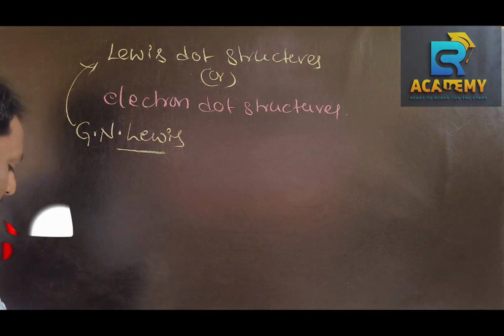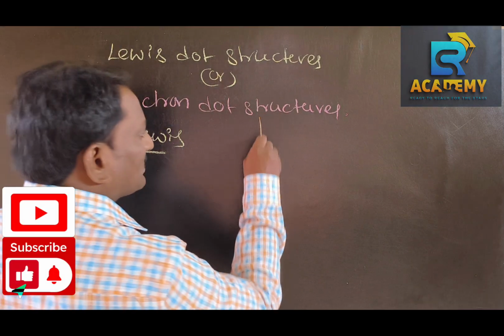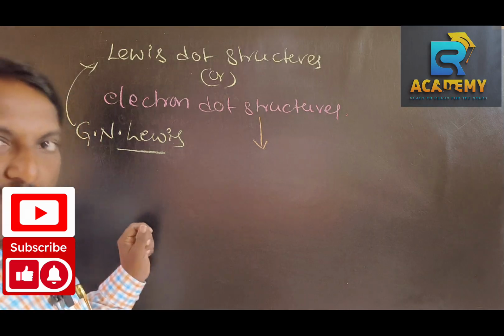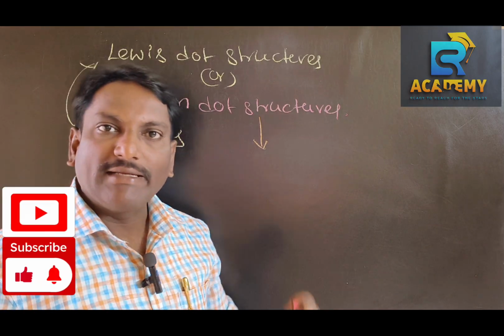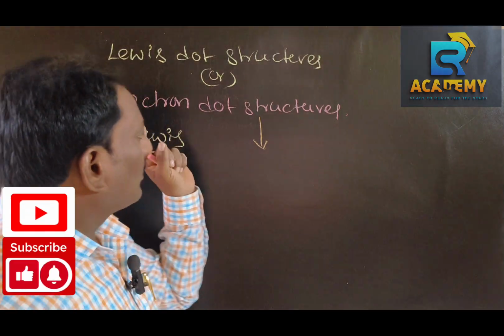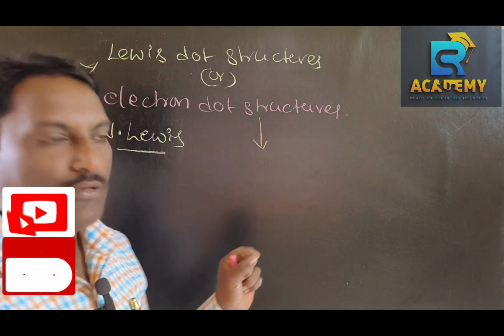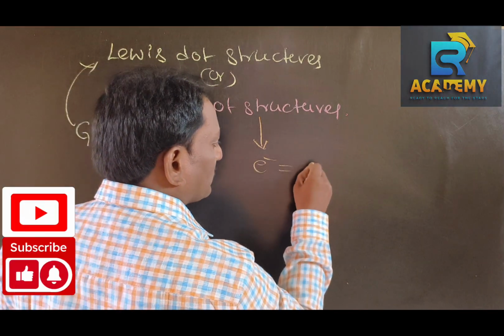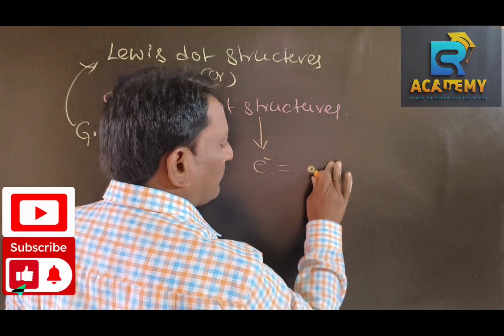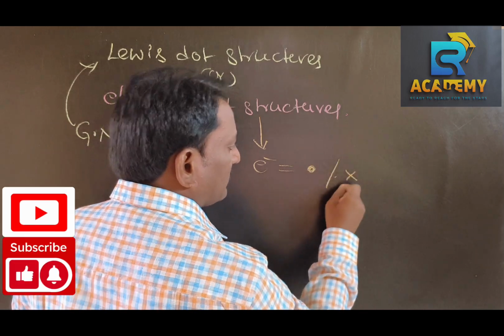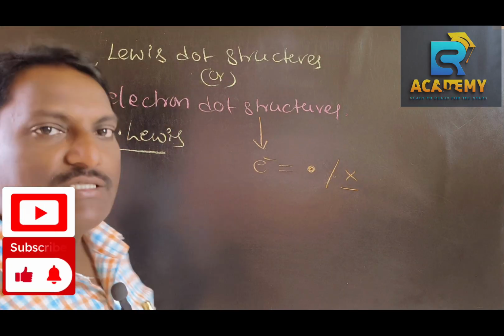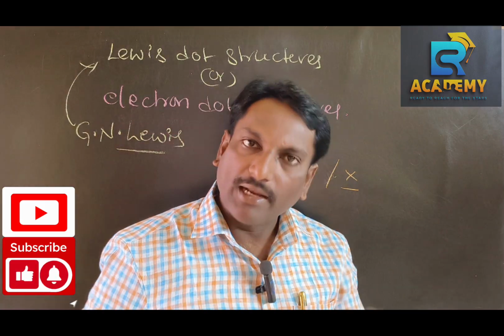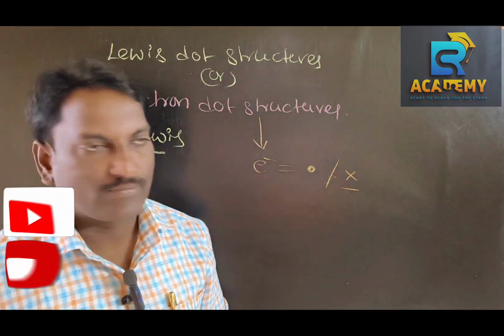And why should we call these structures electron dot structures? Because while writing or drawing these structures, we use electrons in the form of dot or cross. That's why these structures are called electron dot structures.